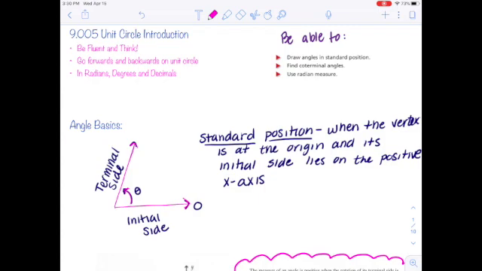Our standard position is when the vertex of your angle is at the origin, 0, 0, and the initial side lies along the positive x-axis, which I'll show you in a second. Moving in a positive direction is always counterclockwise, the opposite way the clock moves.